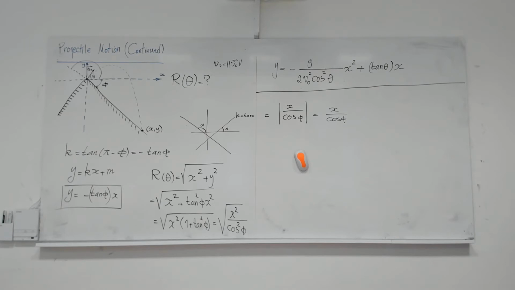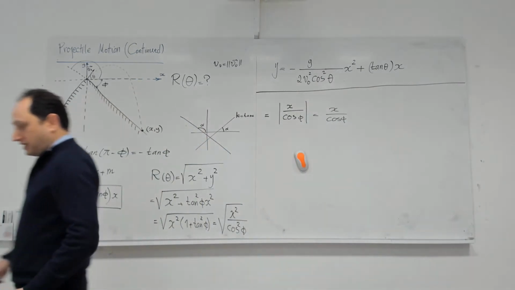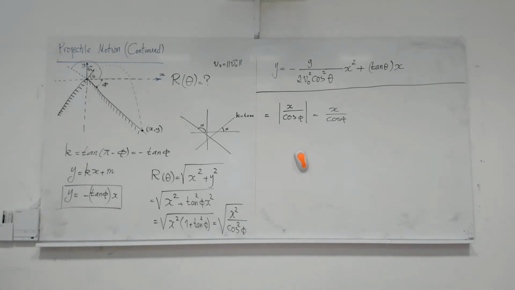So what's the answer? By the way, these are very important questions because they give you some way of thinking through the problem, to catch your mistakes if you are making them.